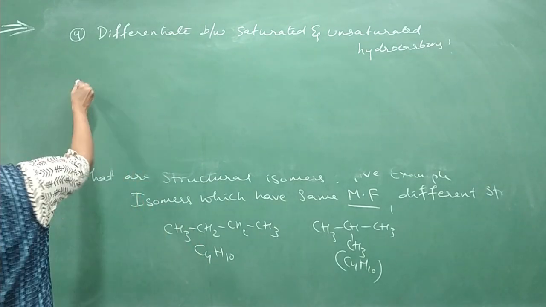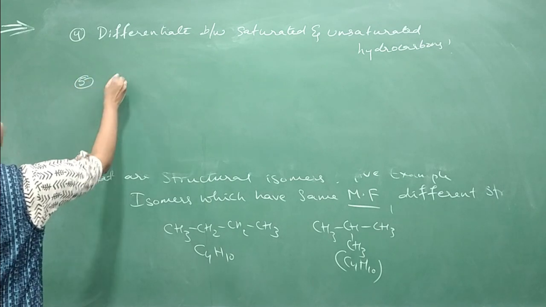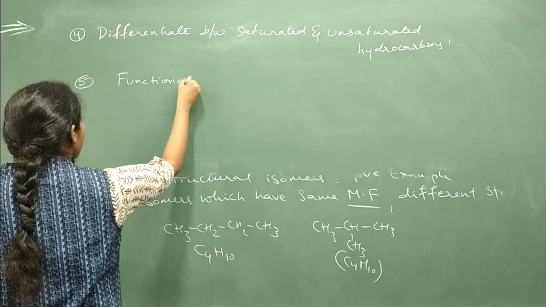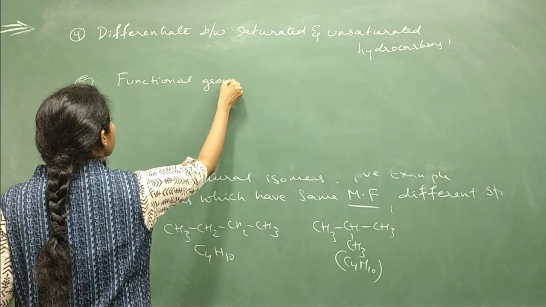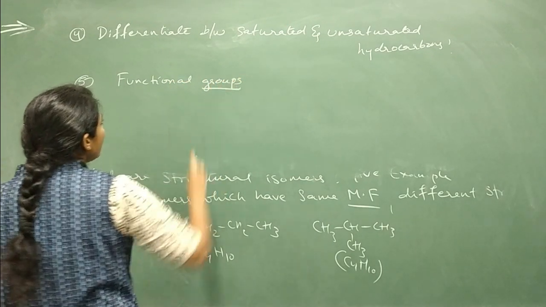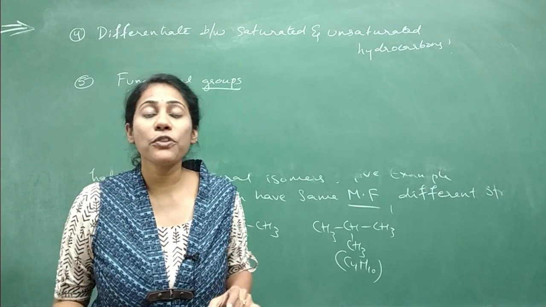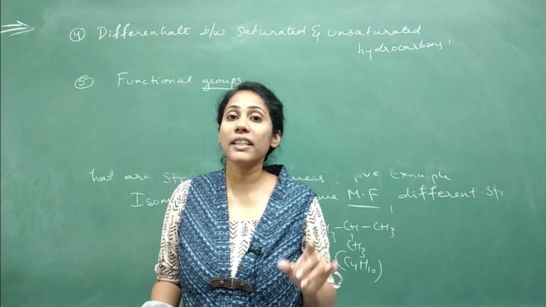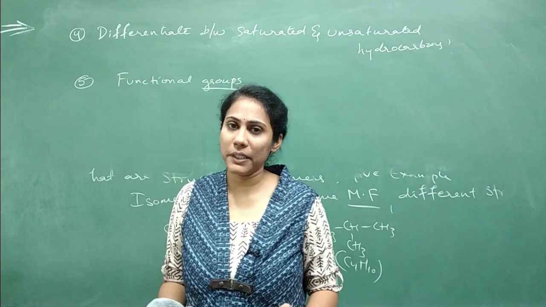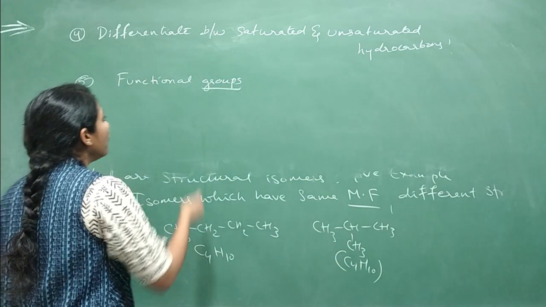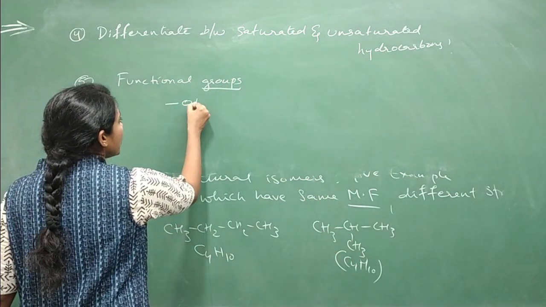Okay, and coming to the fifth concept, it is all about functional groups. You must know the structure of functional groups. They may ask you what functional groups are. They are the special groups which decide the chemical properties of carbon compounds. And you have four important functional groups.